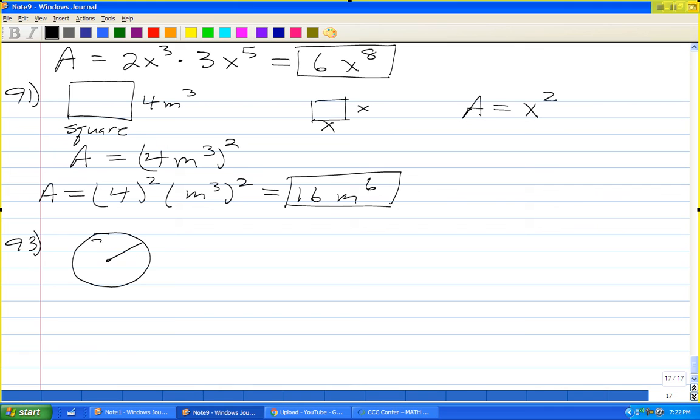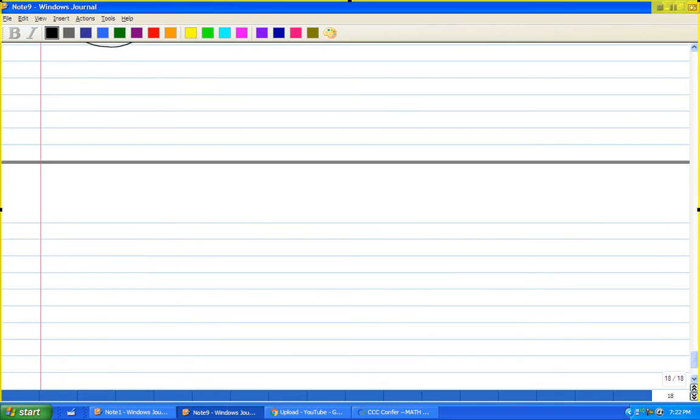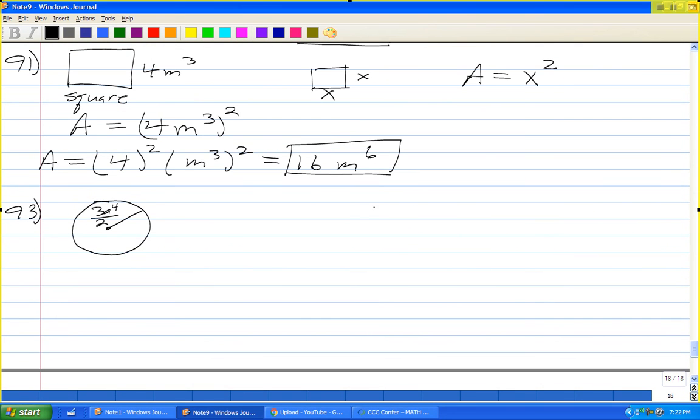3a to the 4 over 2. Okay, so first, if I have a circle of radius r, then the area of a circle is pi r squared.